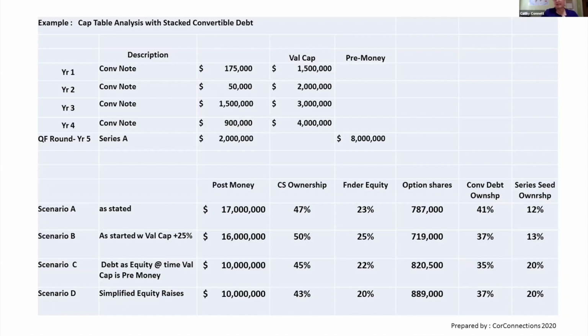So I guess the key takeaway from this analysis is that sometimes it is better to go ahead and do the equity rounds. It's much simpler, as both Pam and Jodi have said. Having a clean cap table, a cap table that is simple and easy to follow, is much better for subsequent investors.